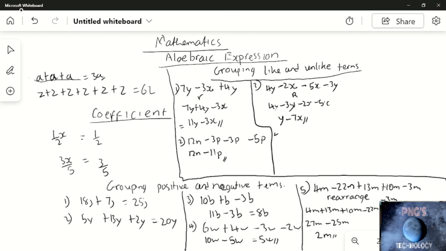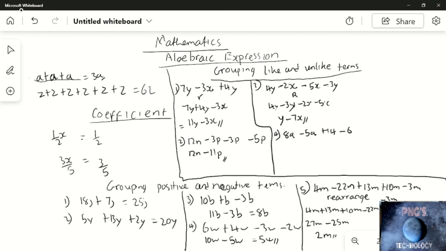So let's take another example, example 4. In this case, we're given 8a minus 5a plus 14 minus 6. So this is already arranged, so there is no need for rearranging in this case.